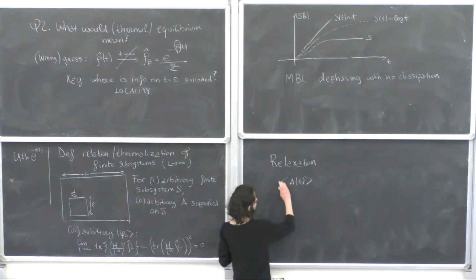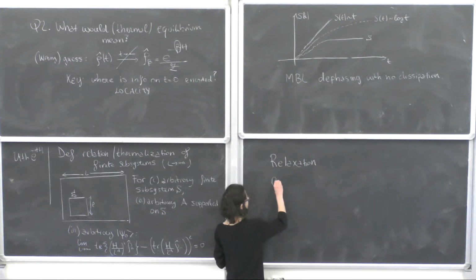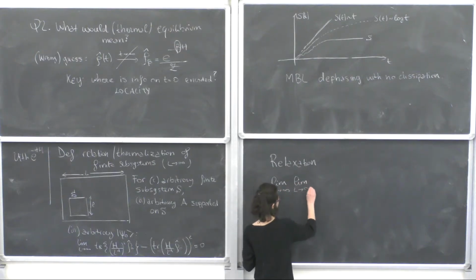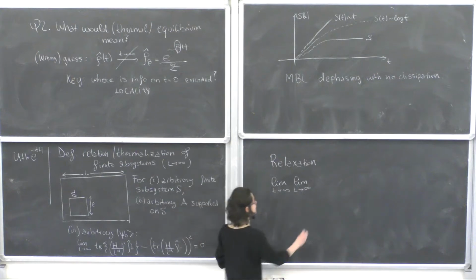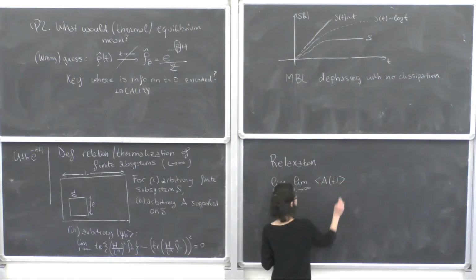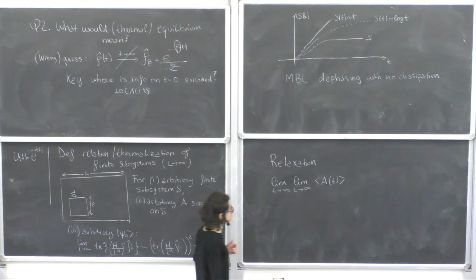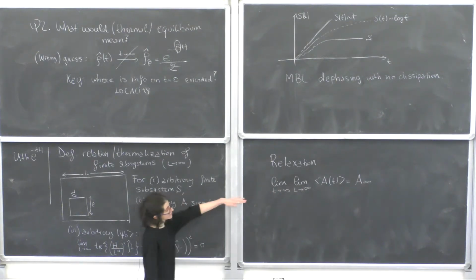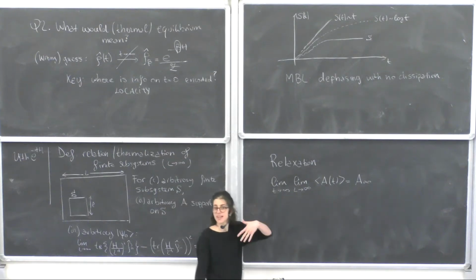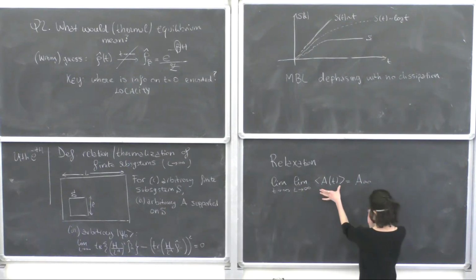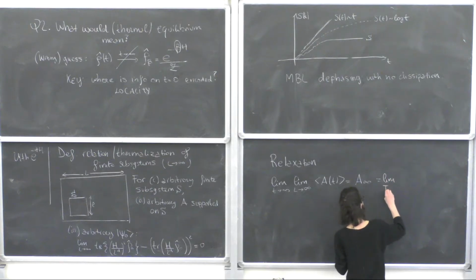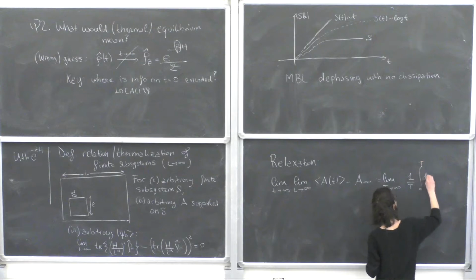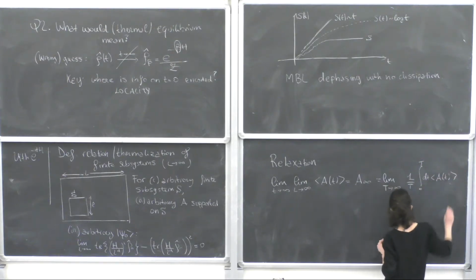And then what I want is that in the limit of time being large and then also system size going to infinity, this expectation value converges to something which is stationary, so time independent. Let me call it A infinity. And if this is true, this stationary value has to coincide with the time average of this object in here. So this is also the limit t going to infinity of 1 over t, the time average.